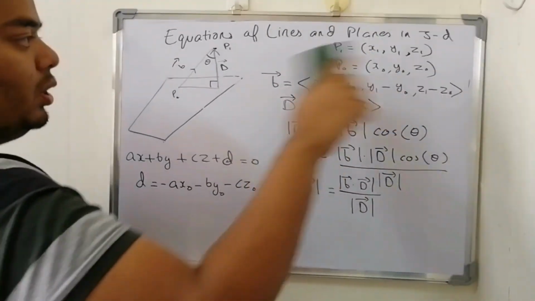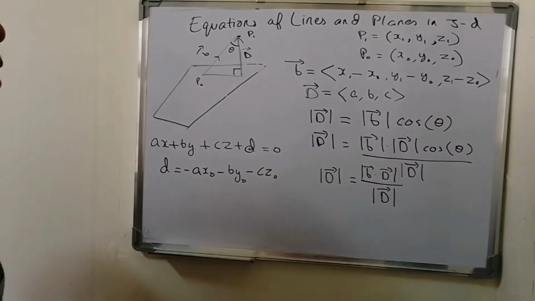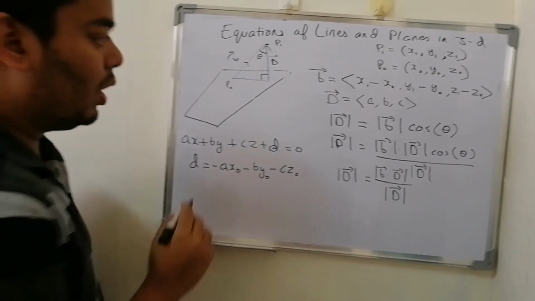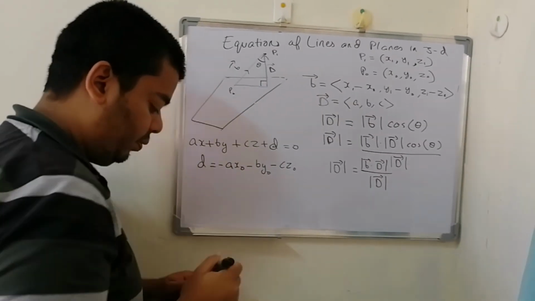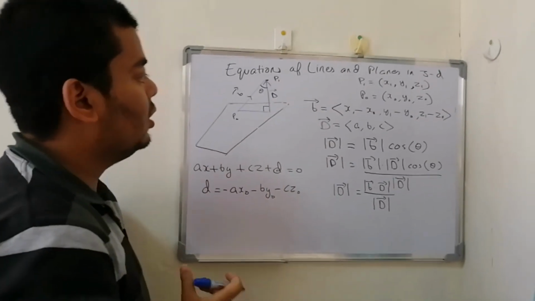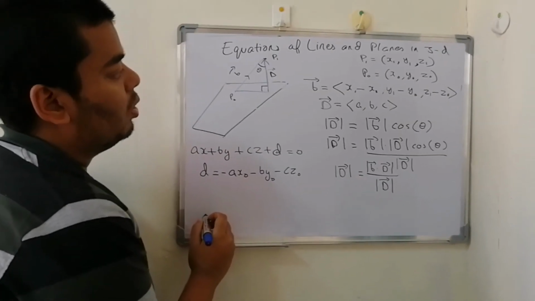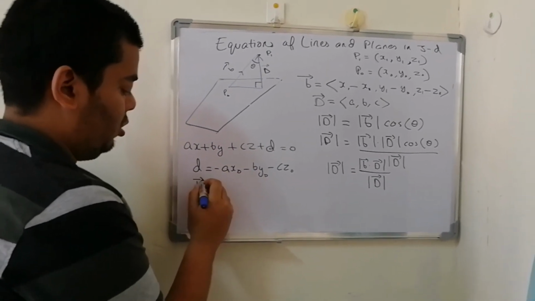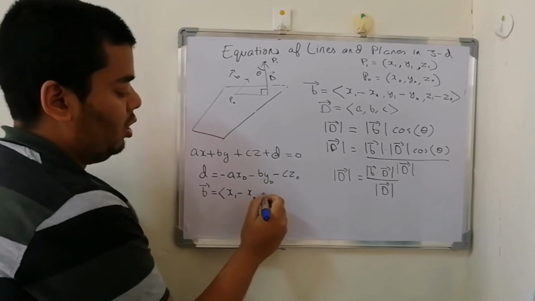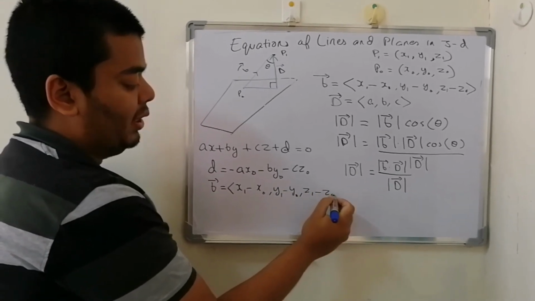I will rub this previous part. Before rubbing the above parts, I will write down certain things here. Maybe I'll write down vector B here, so when we input that, we don't have an issue. The vector B is x1 minus x0, y1 minus y0, and z1 minus z0.